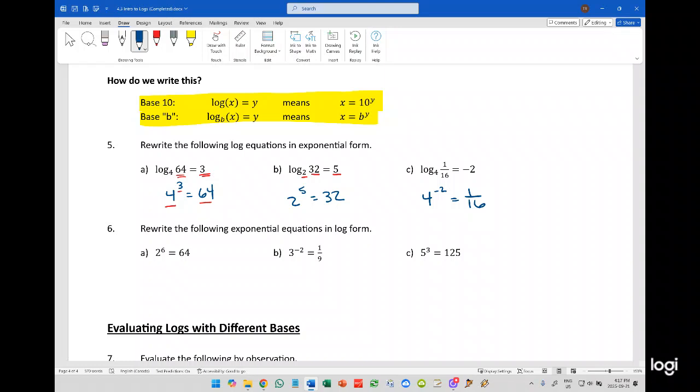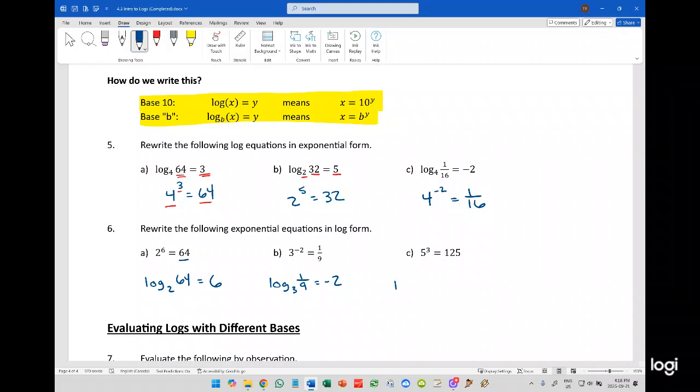All right, going backwards, we do log base 2 of 64 equals the exponent 6. For the second one, log base 3 of 1/9 equals negative 2. Again, negative 2 is the exponent.